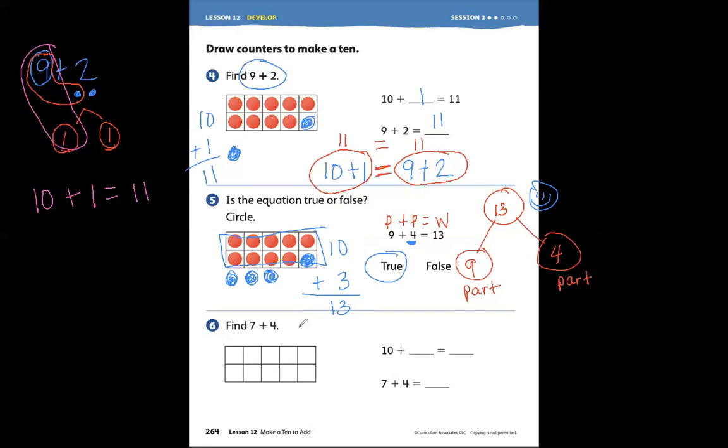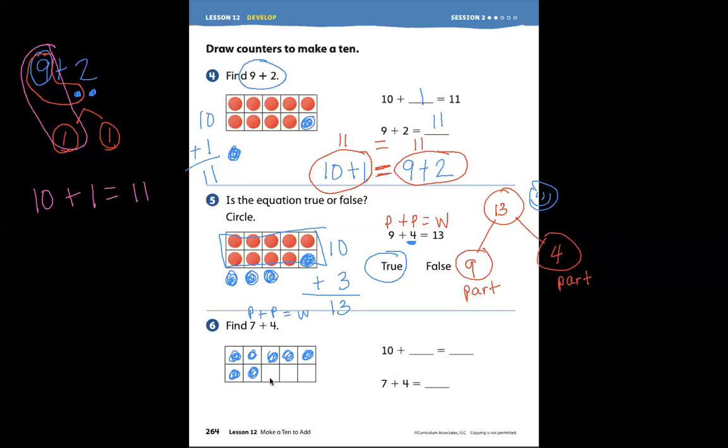Here it says find 7 plus 4. 7 is a part and 4 is a part. A part plus a part equals the whole or the total. So let's draw 7. 1, 2, 3, 4, 5, new line, 6, 7. And how many more do we have?